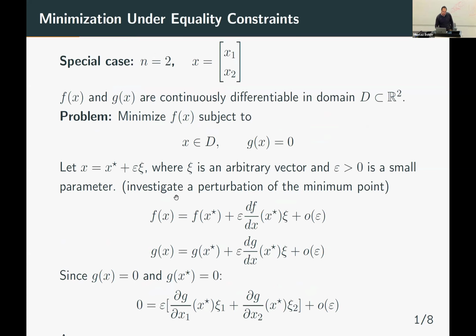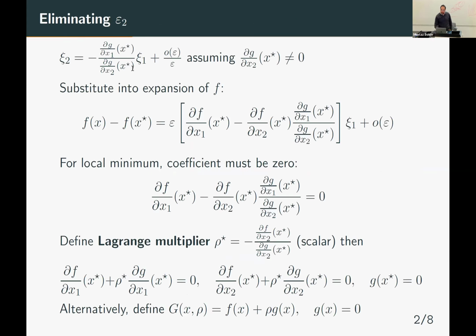So you have f of x minus f of x star is equal to epsilon, taking it outside as a common factor, times ∂f/∂x1 at x star, c1, plus ∂f/∂x2 at x star, and instead of c2, substitute this one here. You get this expression here, so you can easily verify this line.